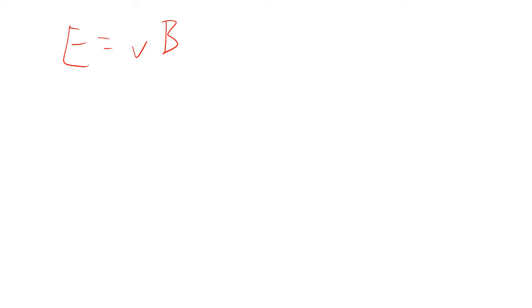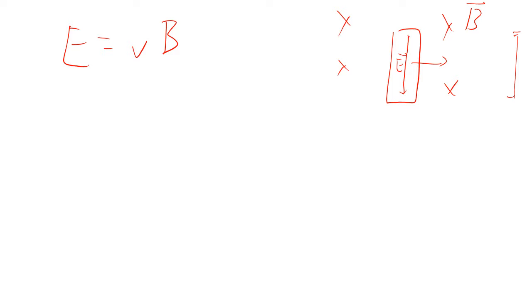Well, that's interesting, because inside this object that's moving in the magnetic field, we have the magnetic field out here, and now we have an electric field like that, and we said the height of this thing was some distance L.